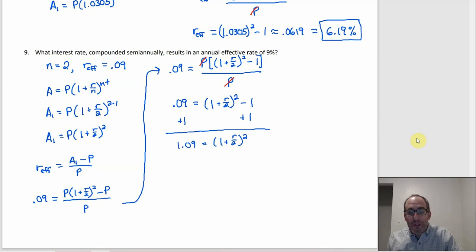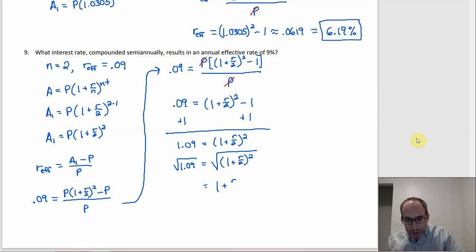If you take the square root of both sides, that's what you got to do next. So the square root of 1.09 would be equal to the square root of 1 plus R over 2 squared. But if you take the square root of a square, you just get 1 plus R over 2. And then over here, you've got the square root of 1.09, whatever that is.